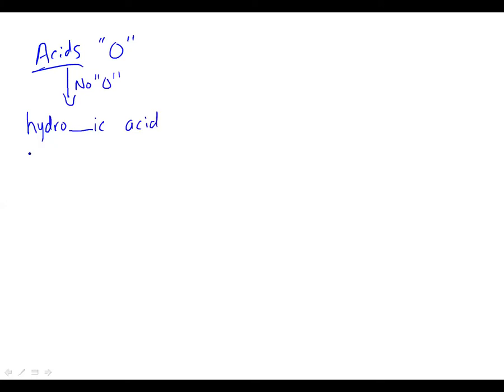For example, the one we just saw, HCl, again typically will have that aqueous symbol next to it. No oxygen involved here, so we start with hydro, and then the middle part is the anion, the negative guy. So hydrochloric acid would be this.